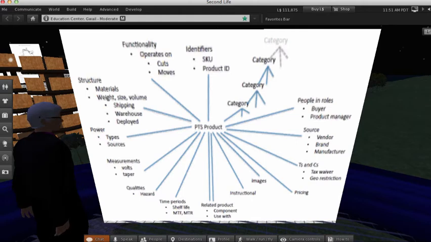But we talk about, are they power tools, or do they do measurements? Are they measurement tools? What kind of characteristics do they have? The famous one is hazard. Is it a hazardous material? And so on.